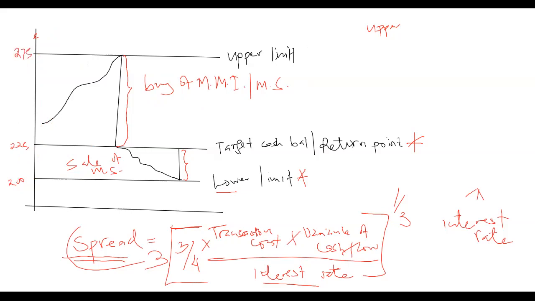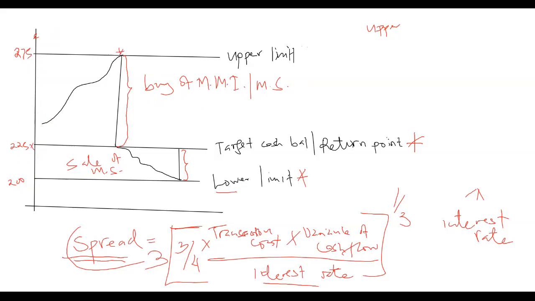Just hypothetical cases. If the upper limit is 275 and the cash balance is now at 275, we are at this point, then we need to reduce the cash balance back to 225, the return point.